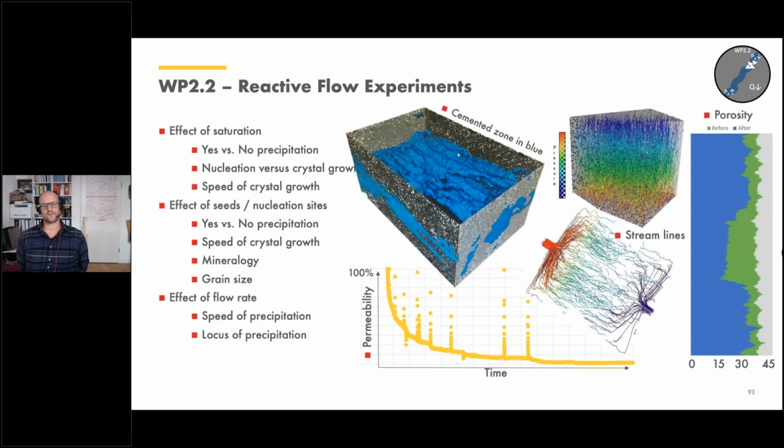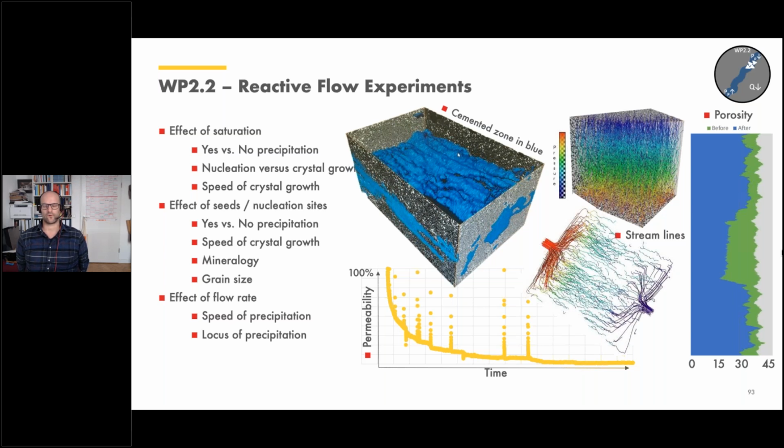What we clearly see in the glass bead model is that when we have calcium carbonate as a specific layer in there, we mainly get specific nucleation on the carbonate grains. You see that on the right-hand side, the picture. This is a column experiment where the upper and lower part are just quartz glass beads and the middle part is carbonate.